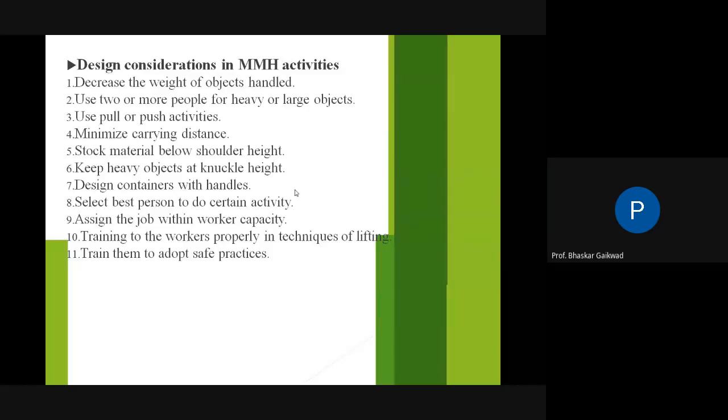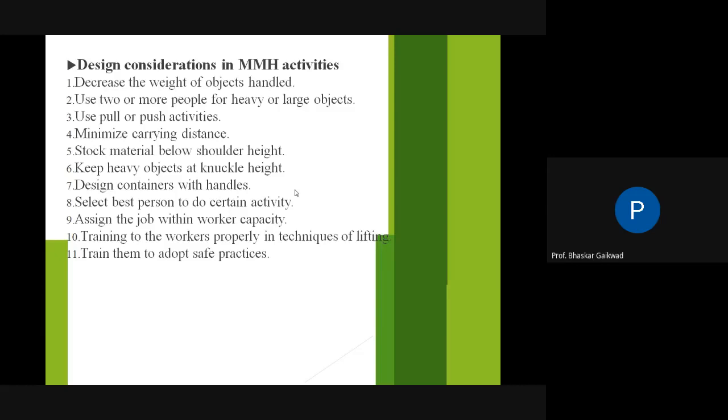Design containers with handles. Then select the best person for a certain activity. A best or trained person we require. Assign the job within the worker's capacity. This is very important. Capacity should be there. Without capacity, we will not ask anybody to pick up this material and move it to the next place. Train the worker properly in techniques of lifting. We need to train the workers how to lift the job.